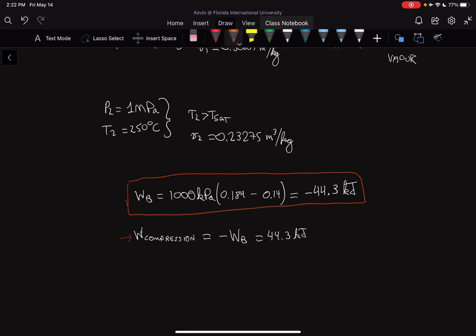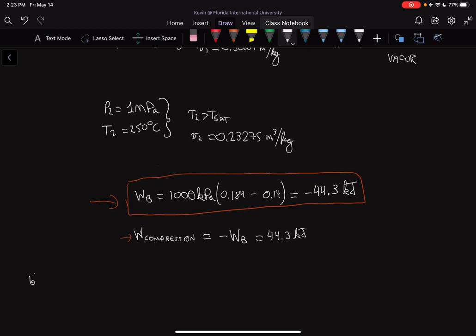The book is asking you for compression work, and sometimes they might ask questions like this, in which case you would just put the positive of that, but that's not really always useful. We have now solved the first part of the question, with this answer right here.